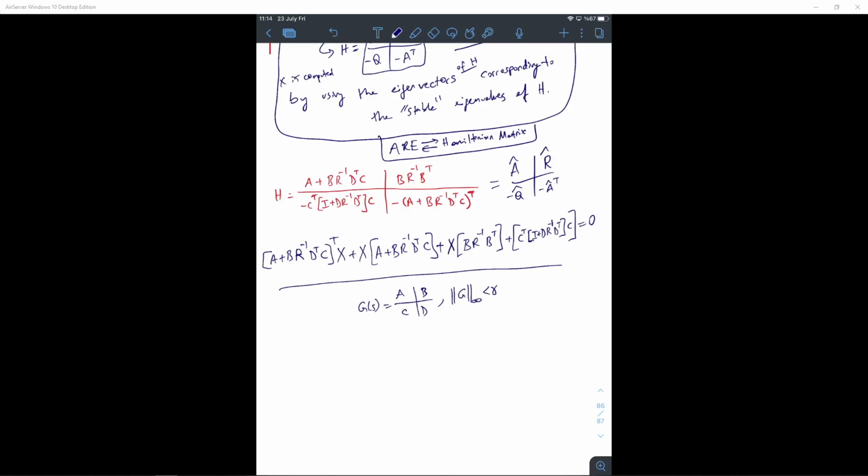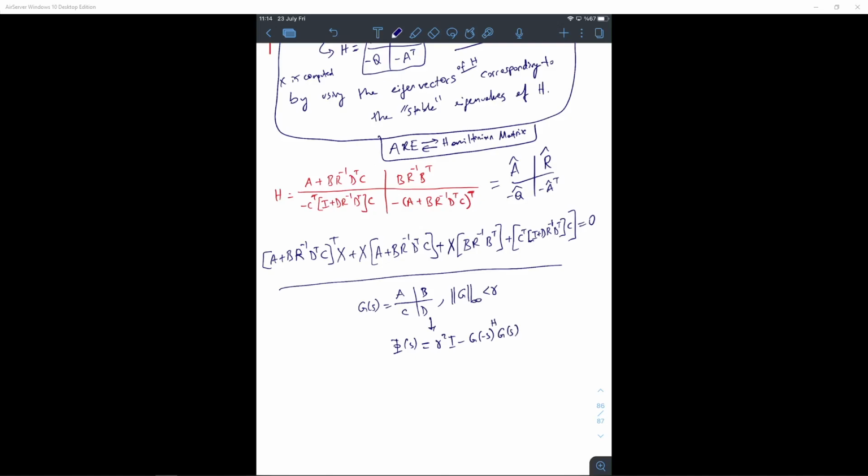Then we found phi of s equals gamma squared identity minus G of minus s Hermitian G of s.